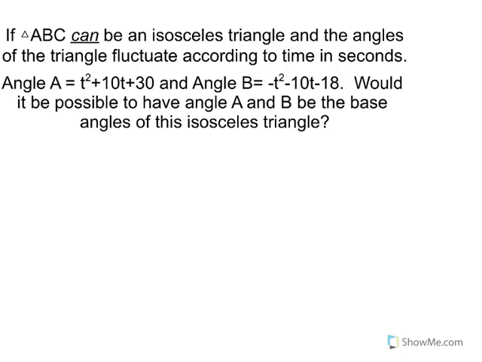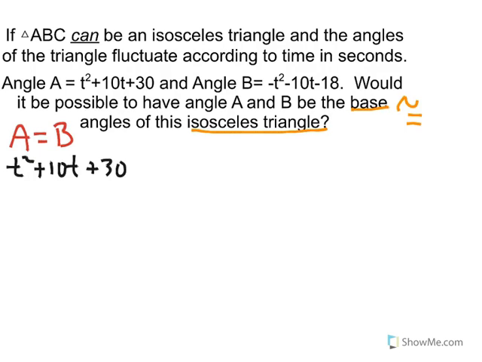isosceles triangle? So we know the base angles of an isosceles triangle have to be congruent. So if we want A and B to be the base angles, then we want A to be equal to B. So we will set those two angles equal to each other. t squared plus 10t plus 30 has to equal negative t squared minus 10t minus 18.